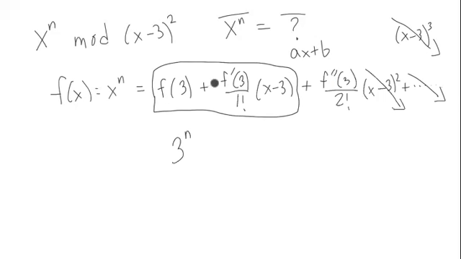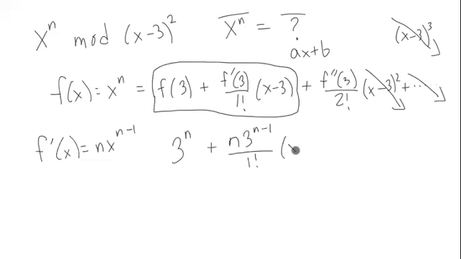Next, we plug 3 into the derivative of f, but we can compute that. The derivative is n x^(n-1). Plug in 3, and so then we would have n times 3^(n-1) all over 1 factorial, which is just 1, times (x - 3).